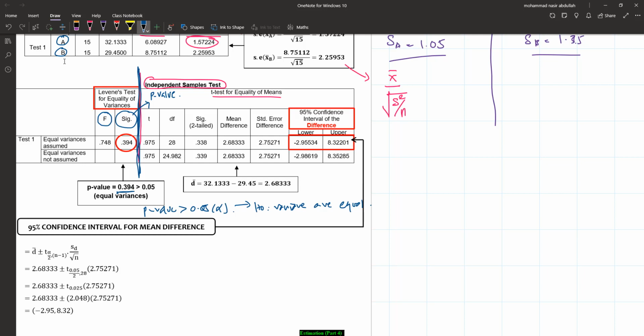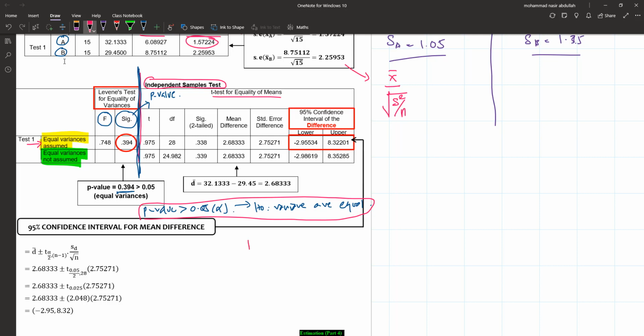So when the variances are equal, we can see here there are two rows. The first row is equal variances assumed. The second row represents equal variances not assumed, right? So when Levene's test indicates that equal variances are assumed, meaning the two groups have equal variance, you read row number 1 and ignore row number 2.